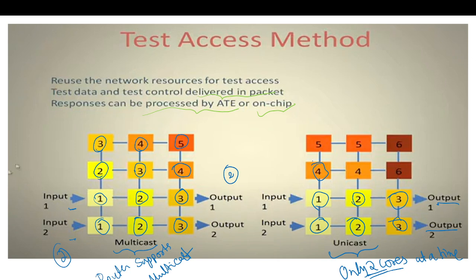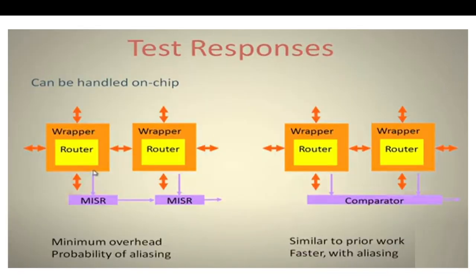Next, this and this, level by level, followed by this one, and the 6th, these 2 cores are getting the test responses, which can be handled on chip.